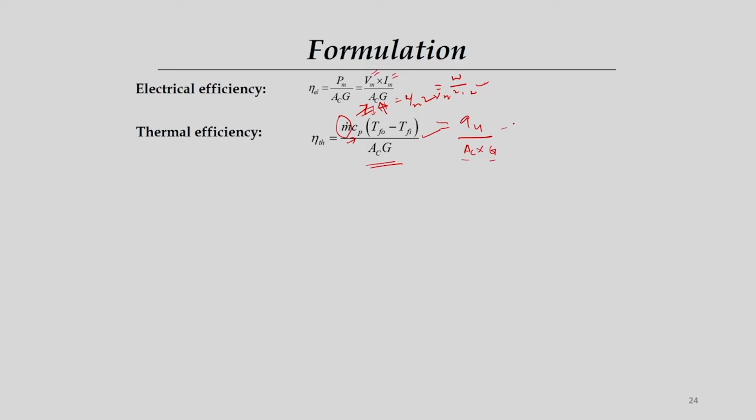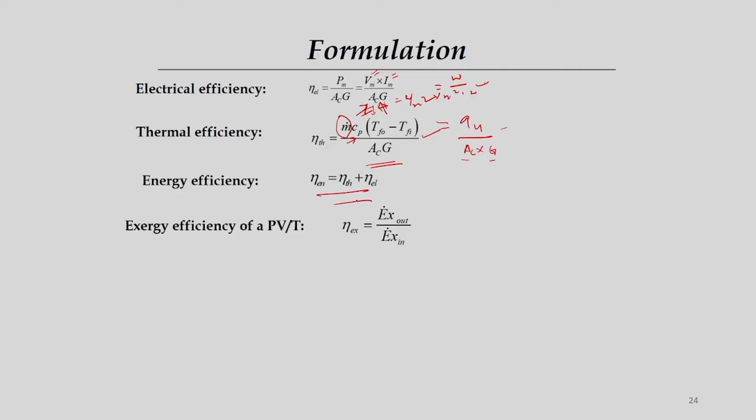So, from that we can calculate the thermal efficiency, and if we have to talk about overall efficiency or energy efficiency, it is a combination of both electrical efficiency as well as thermal efficiency. Okay. So, if we add it, it will be something like this, and next maybe we are interested in the exergy efficiency of a PVT. So, how can we calculate it?